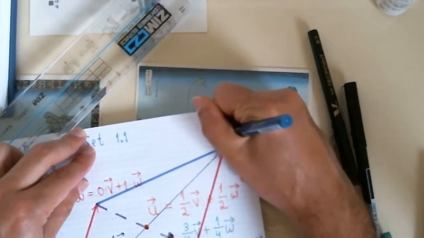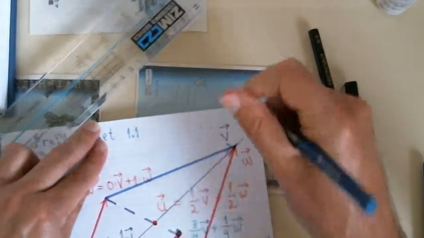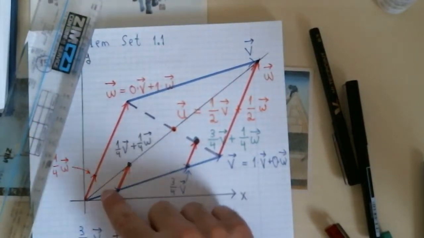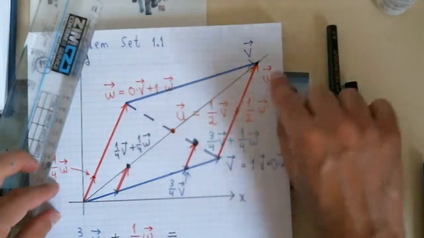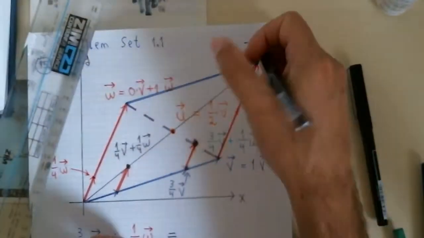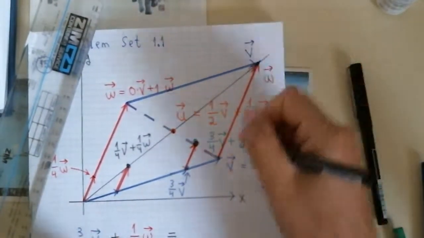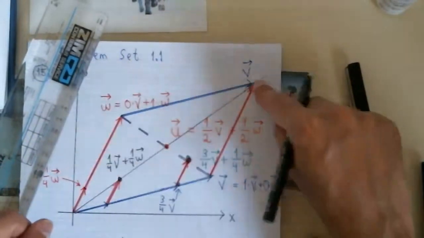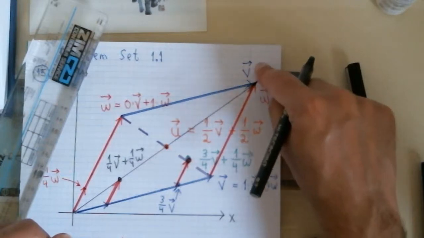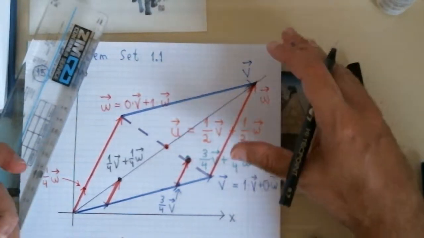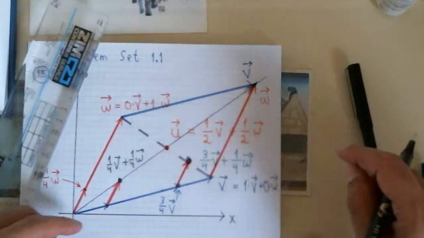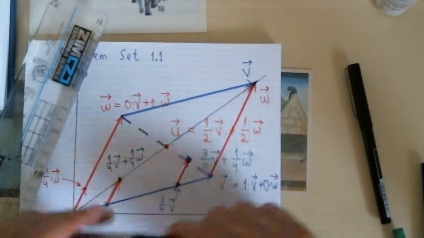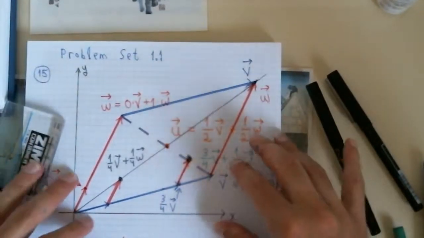So this is V. So V plus W is that black arrow. I didn't show it's an arrow, this is an arrow. The black one, it should be here, V plus W, but I don't want to crowd the picture, it's already very crowded. So this is question 15. Thank you.